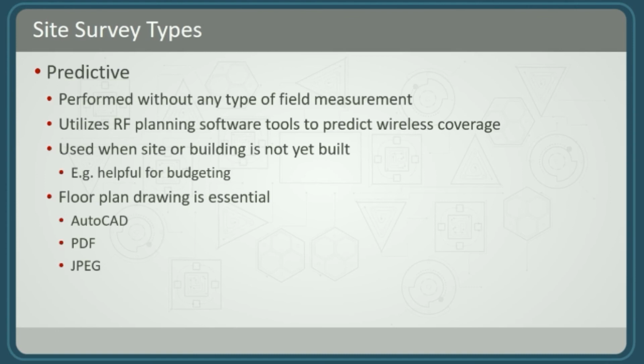So this is helpful for budgeting and planning, of course. So in order to do this, you need some kind of floor plan drawing, either something in AutoCAD or a PDF or a JPEG that can effectively be fed into the software. And then you just use various placements to see what the results might be just in a virtual configuration.